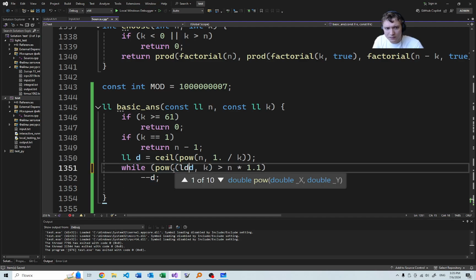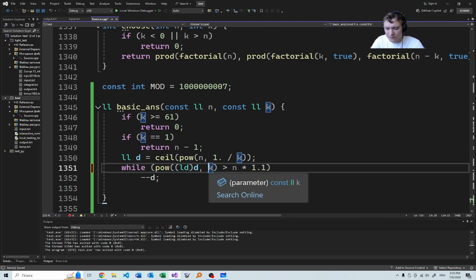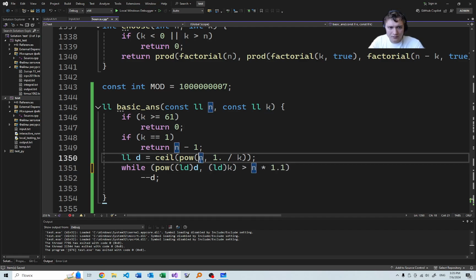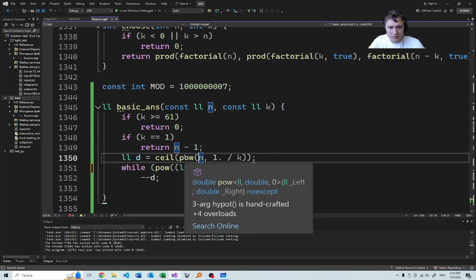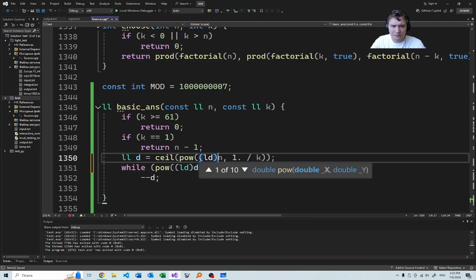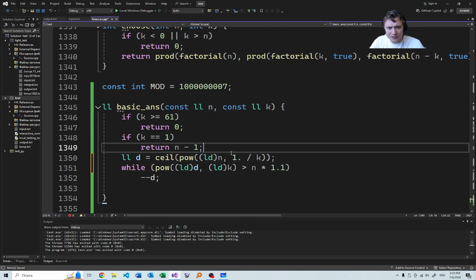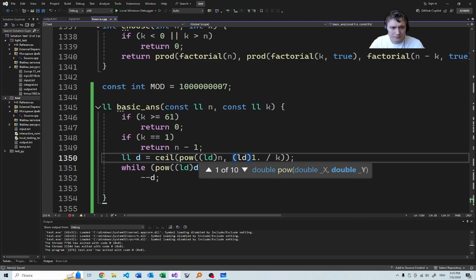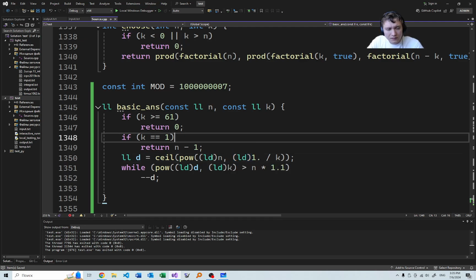Okay, actually, I want it like this. It's really strange that there are some weird overloads that I know nothing about.